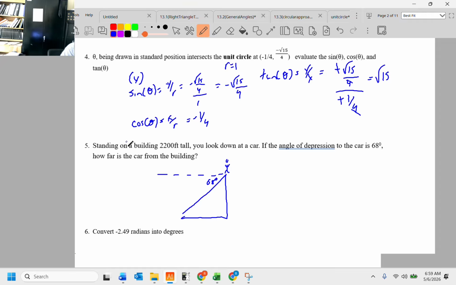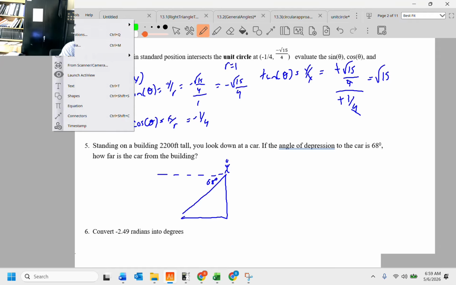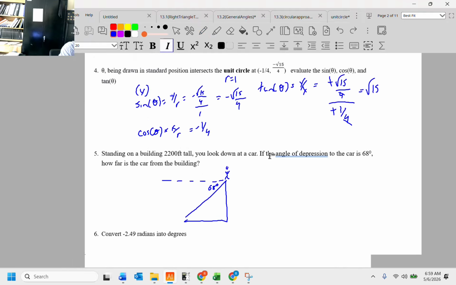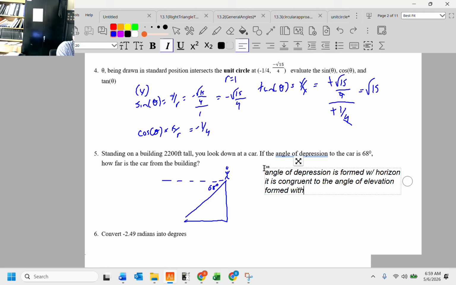Should probably type some stuff out here for you so you can maybe have a chance at remembering this stuff. But the angle of depression is formed with the horizon, and it is congruent to the angle of elevation that is formed with the ground.